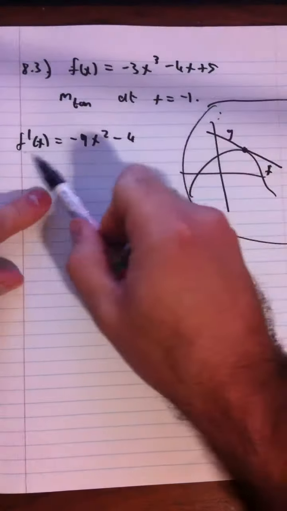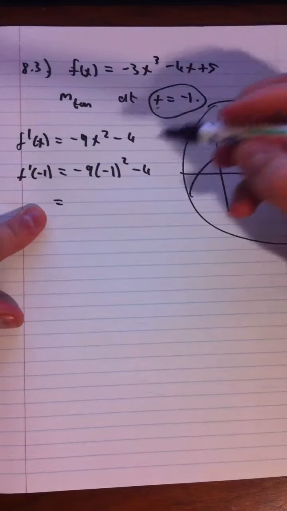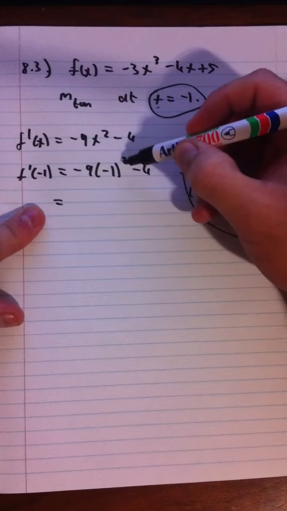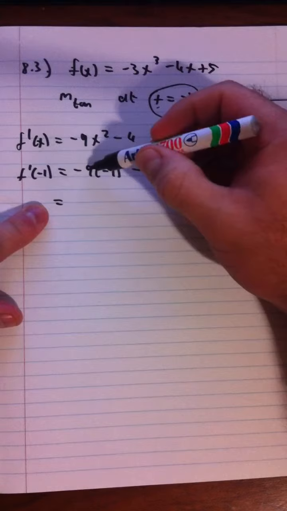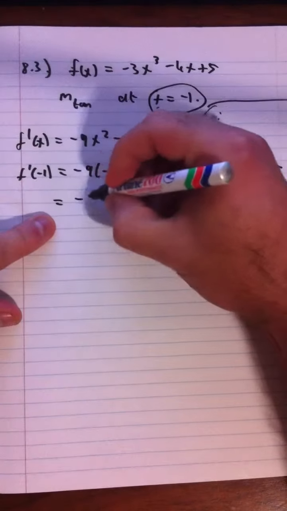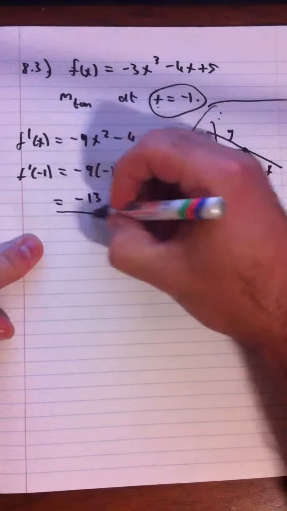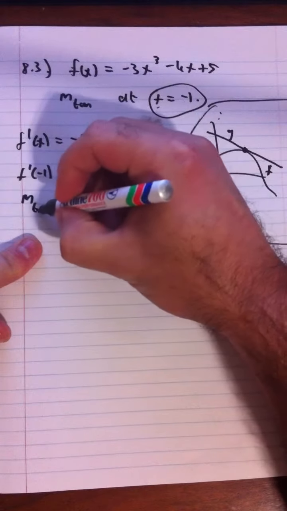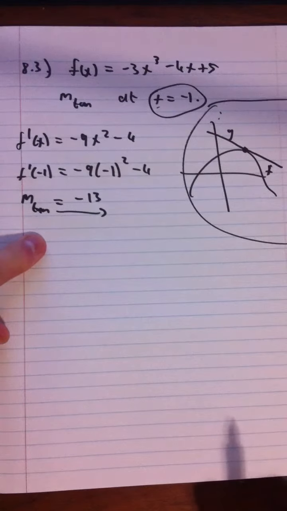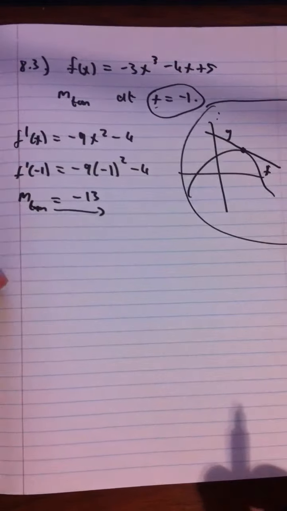So all we do is substitute negative 1 in. That's negative 9 times negative 1 squared minus 4. Negative 1 squared is 1, times negative 9 is negative 9, minus 4 is negative 13. So that's the gradient of your tangent at the point x equals negative 1. And that's it for question 8.